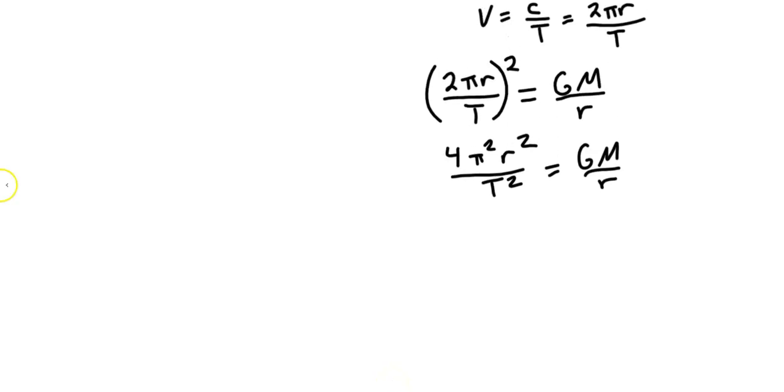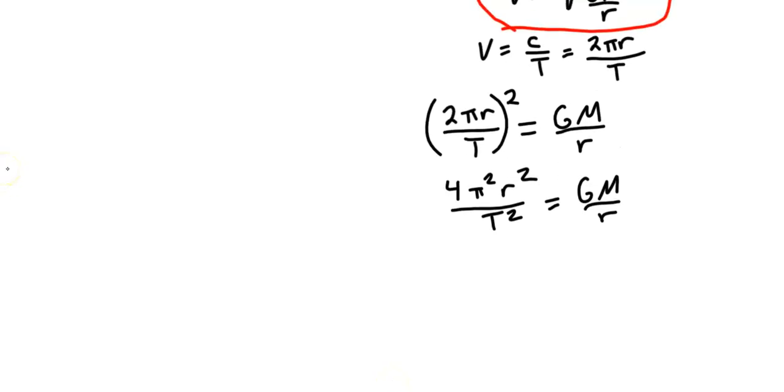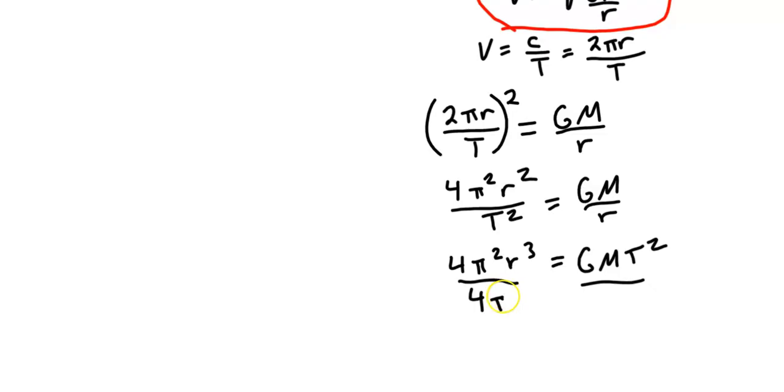Where to go from here? If I want to solve for r, maybe I could cross multiply here, and I would get 4 pi squared r cubed equals GMT squared. So there's some Kepler's law like things going on there. And if I further wanted to actually solve for r, I can move the 4 pi squared over.